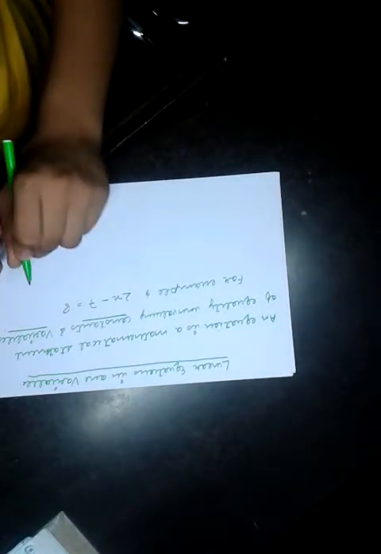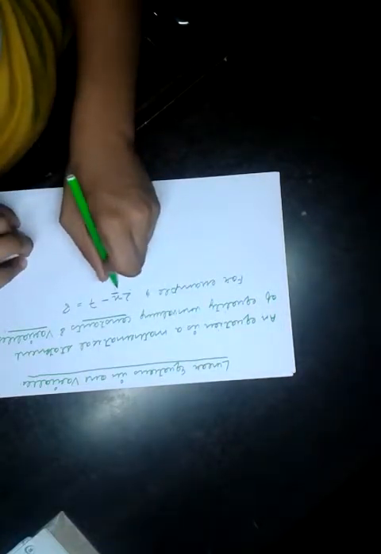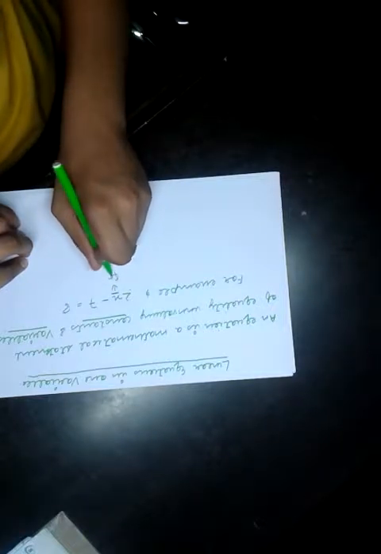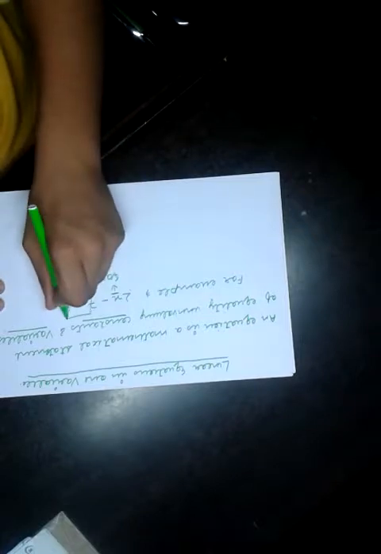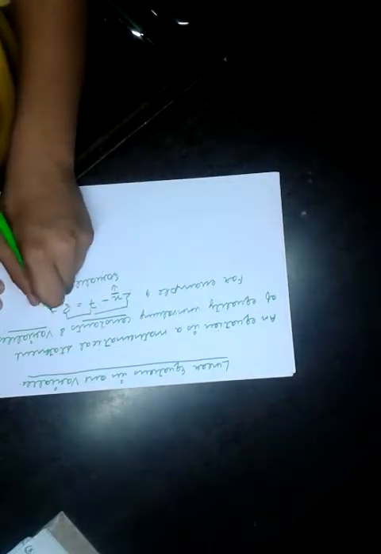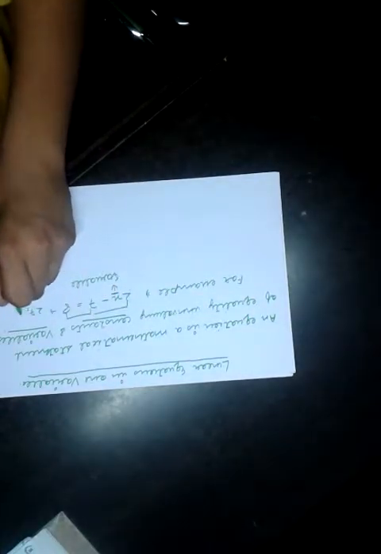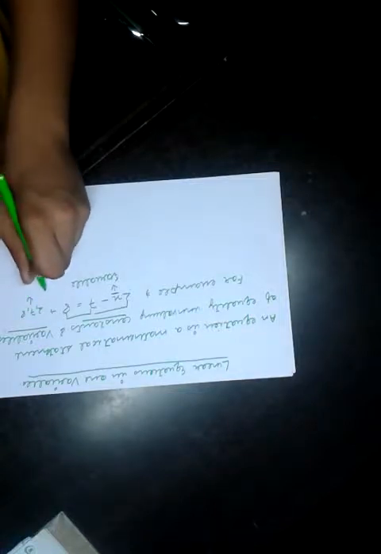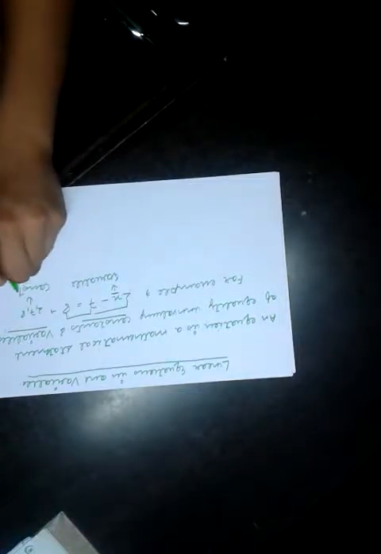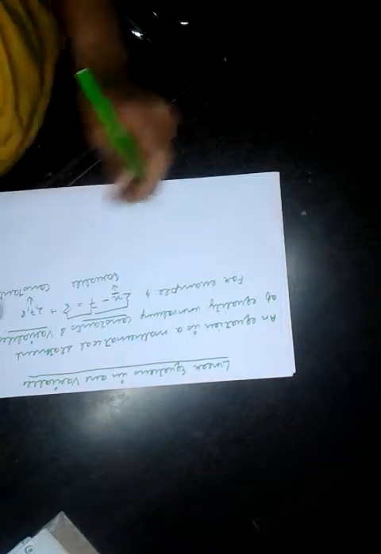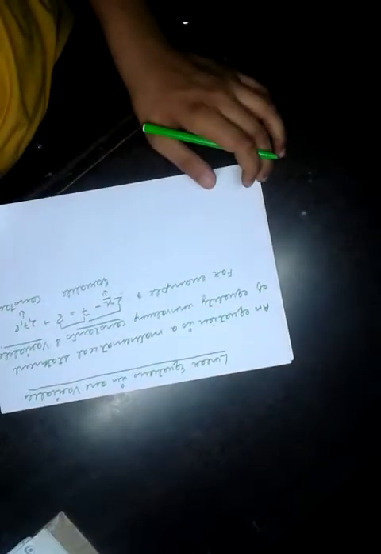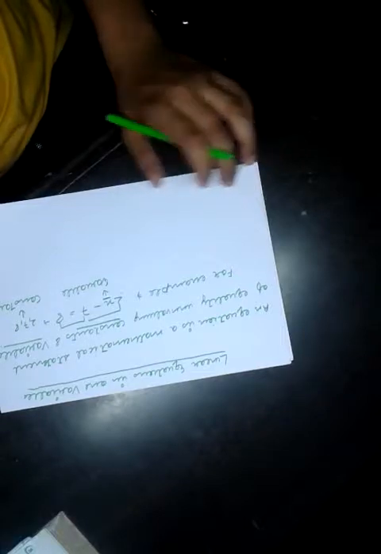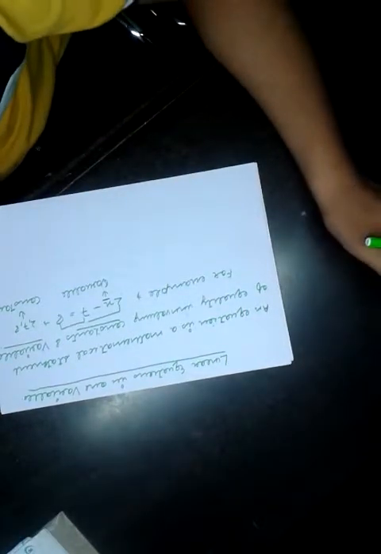This is termed as a variable, whereas these numbers, that is 2, 7 and 8, are known as constants. I think that you guys are familiar with this much. Is this much clear to you?